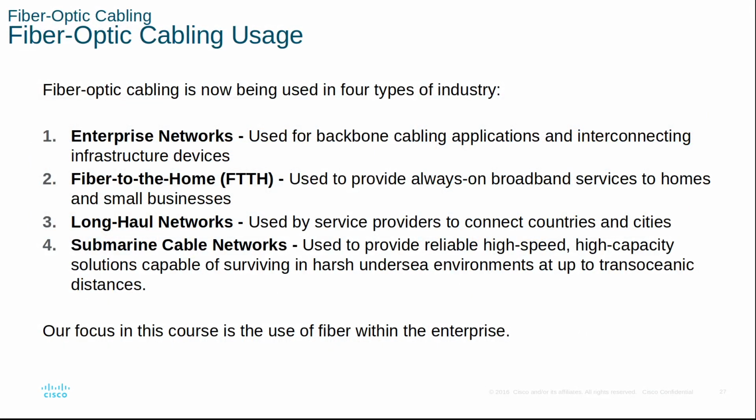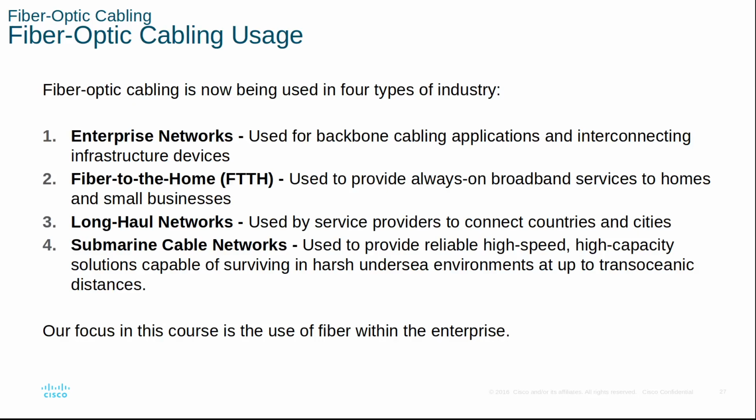Fiber is commonly used in enterprise networks for your backbone cabling or your core infrastructure. Some organizations or ISPs like Rogers offer fiber to the home, so it's always on broadband, and it's much faster than cable and anything else you get.